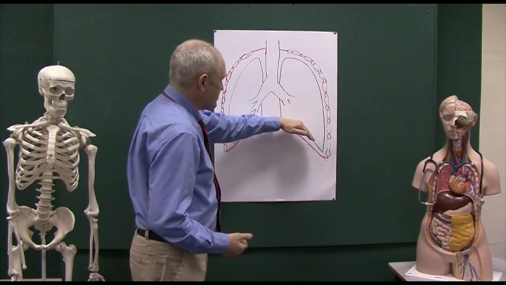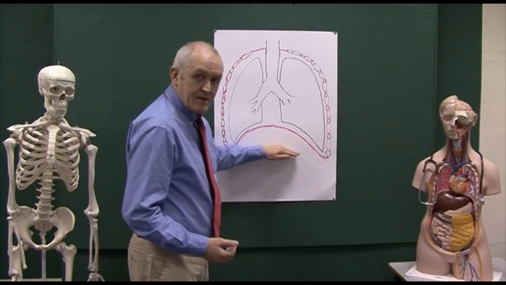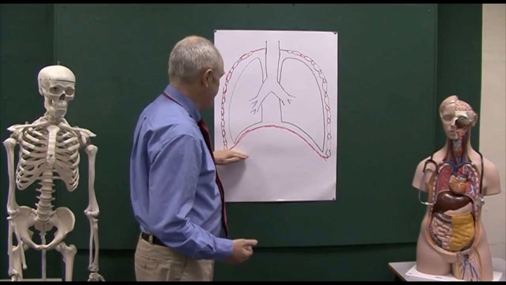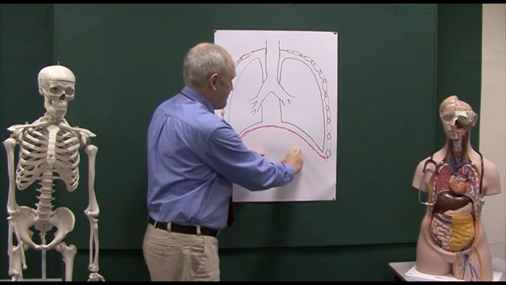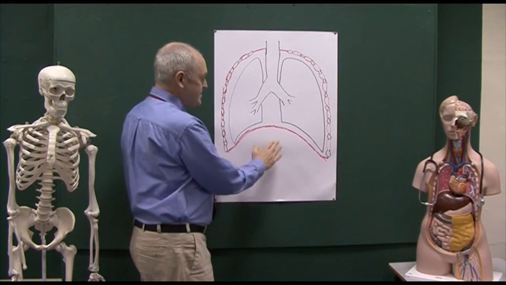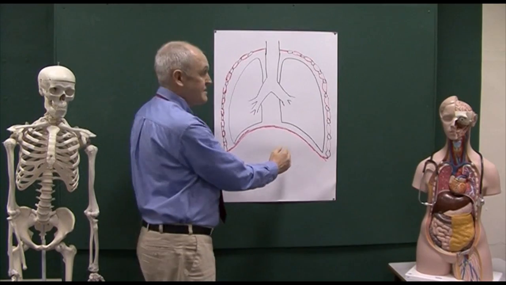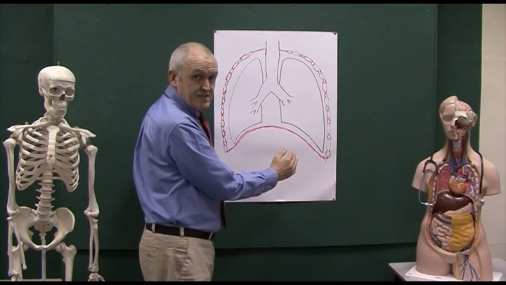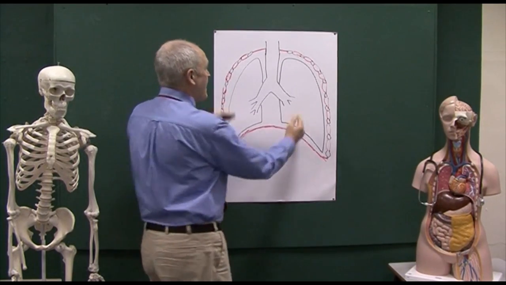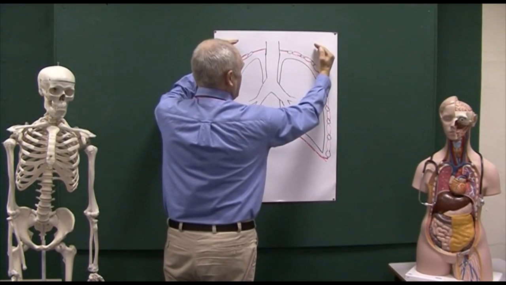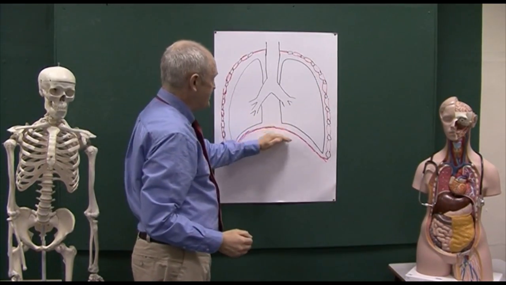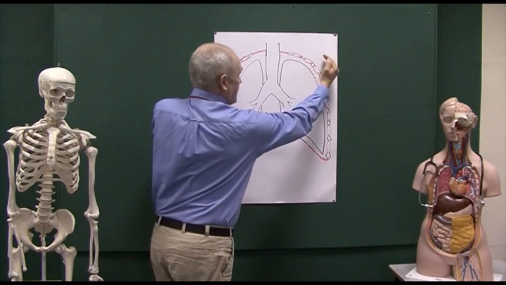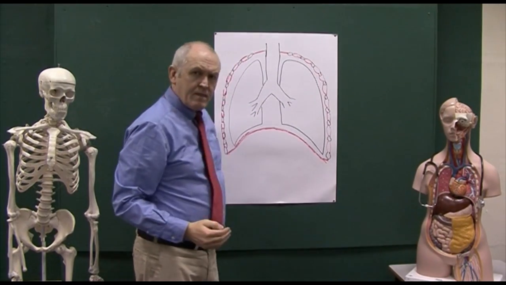So the diaphragm goes down, in fact the diaphragm partially flattens. Active muscular contraction flattens the diaphragm. The intercostal muscles contract, particularly the external intercostal muscles contract, and that pulls the ribs up and out the way. So to breathe in, the diaphragm goes down, the ribs go up and out.